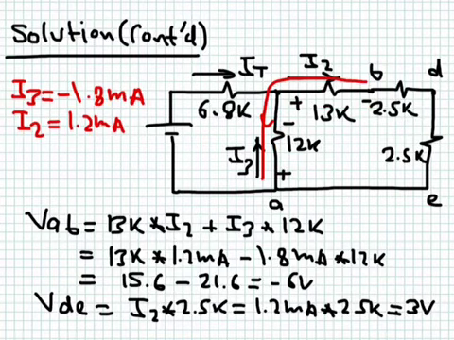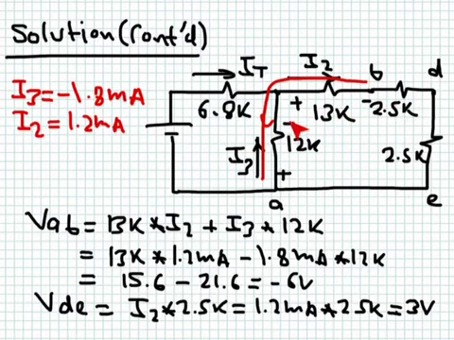From here to here, because of the assumed polarity of I3, you notice even though I3 is negative, it doesn't matter. I'm assuming it to flow this way. Then the drop resulting from it will be plus, minus. This drop will be negative. This is okay. The equations will take care of themselves. So VAB is equal to I2 multiplying 13K plus I3 multiplying 12K.